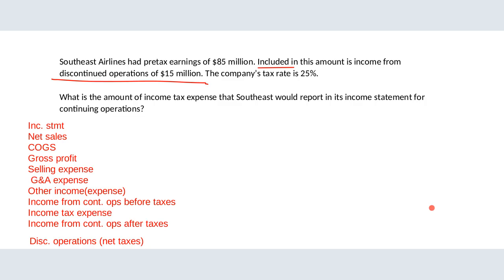Basically, 85 million is the total. So we're going to subtract the 15 million for discontinued operations to arrive at our income from continuing operations, which is 70 million. And then to find the income tax expense for that, we take that 70 million and multiply it by 25%.